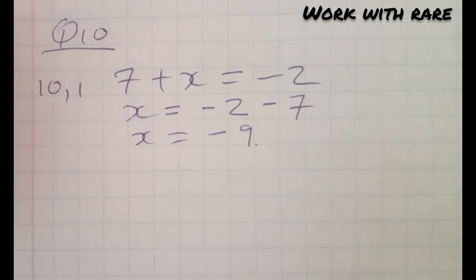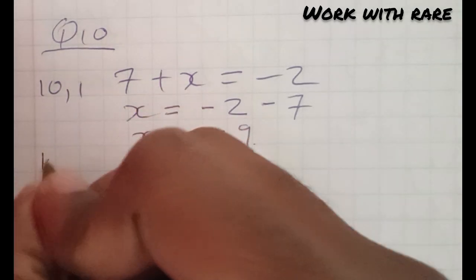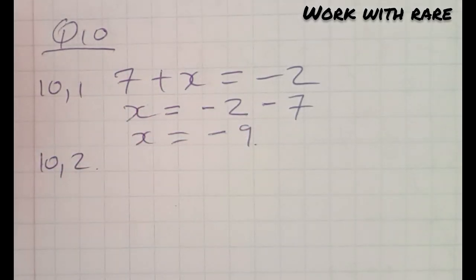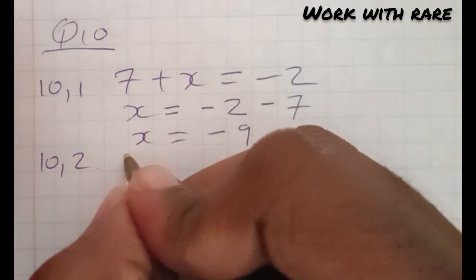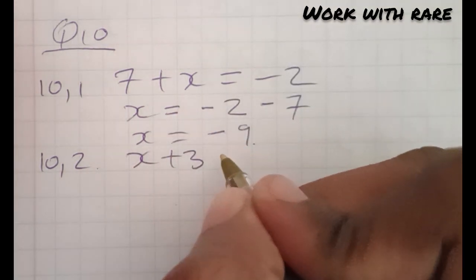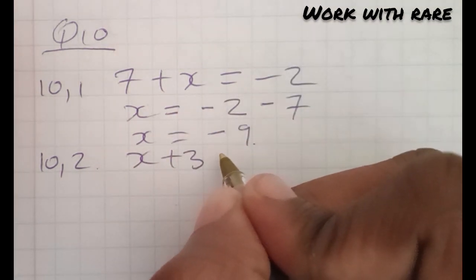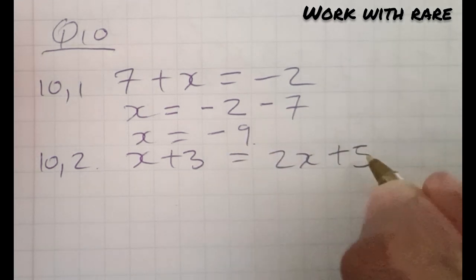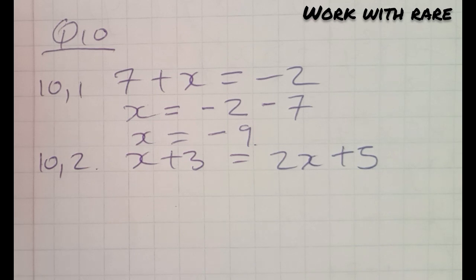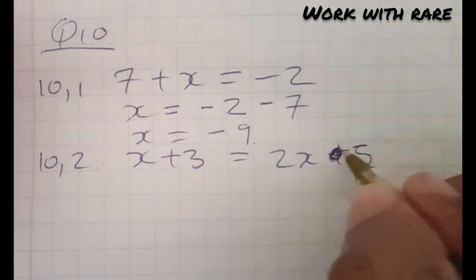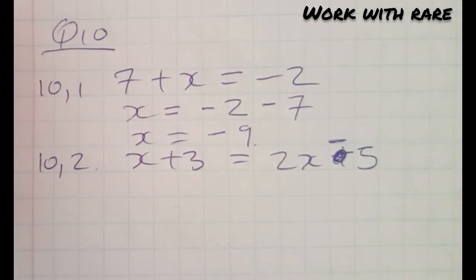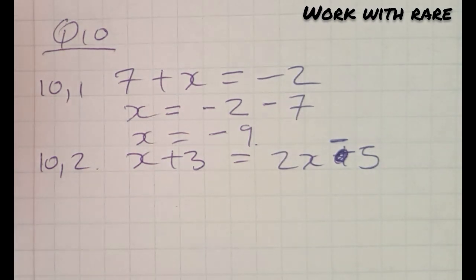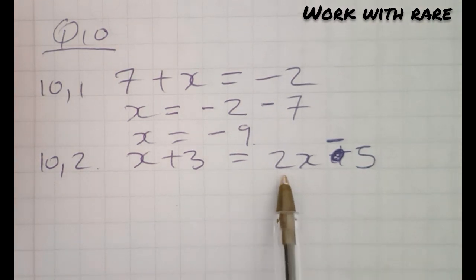Okay, so 10.2, it says x plus 3 is equals to 2x minus 5. Okay, so here, remember, I'm solving for x, so I'll take my 2x to the opposite side.